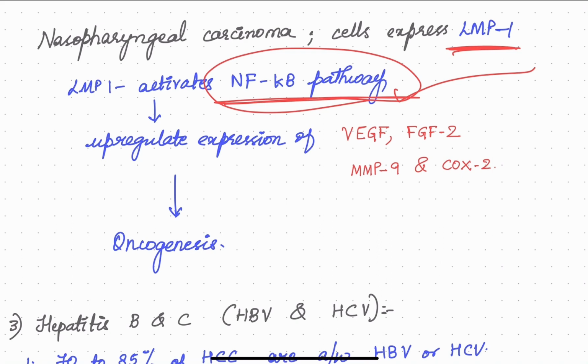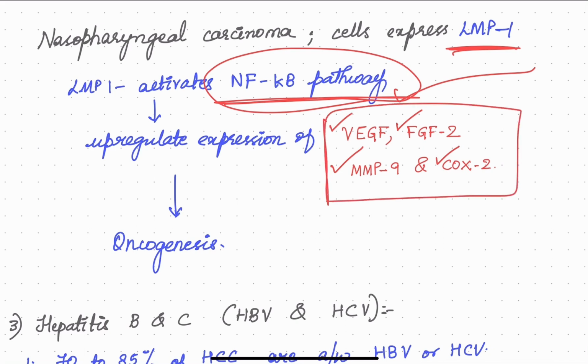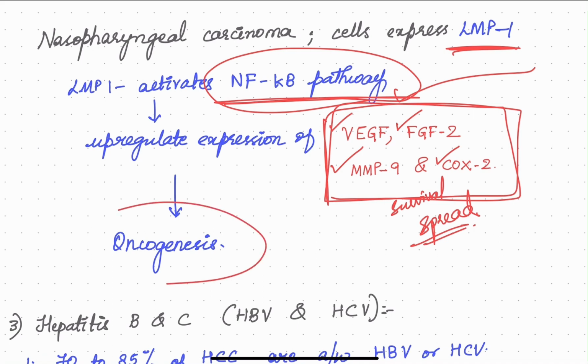They upregulate the expression of vascular endothelial growth factor, fibroblast growth factor, matrix metalloproteinase 9, MMP9, and COX-2. All these factors are required for cell survival, spread, proliferation, to invade and metastasize. They ultimately cause oncogenesis.